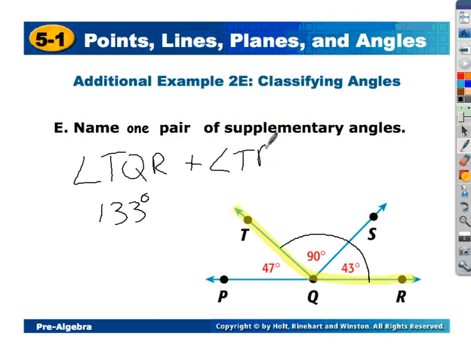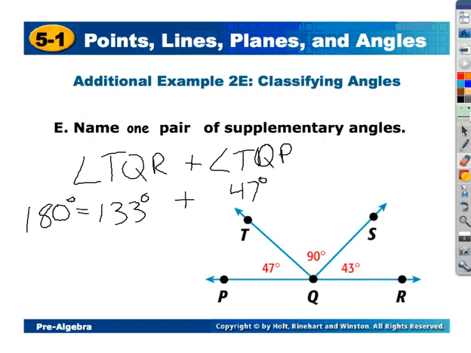Angle TQP has a measure of 47 degrees. 47 plus 133 is going to give us 180 degrees. So there are supplementary angles in there. Don't let Ray QS screw you up. It's still angle TQR. You could also have said angle SQP and angle SQR would also have worked for that one.